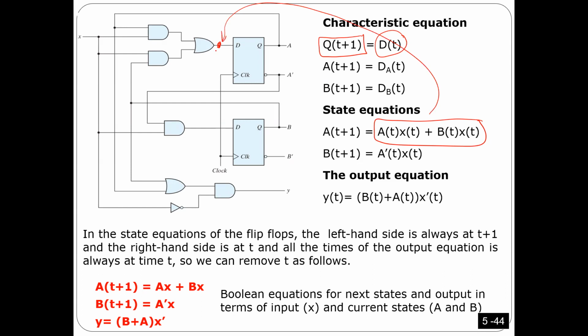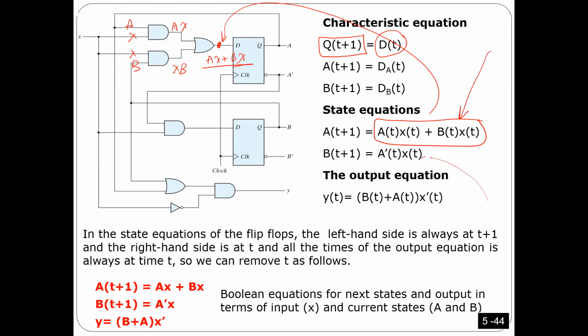If you look at the input we have here, this one is actually A, this one is X, this one is X, this one is coming from B. So this one is XB, this is AX, so this one here is actually AX or BX. As I told you last time, always this part at time t.